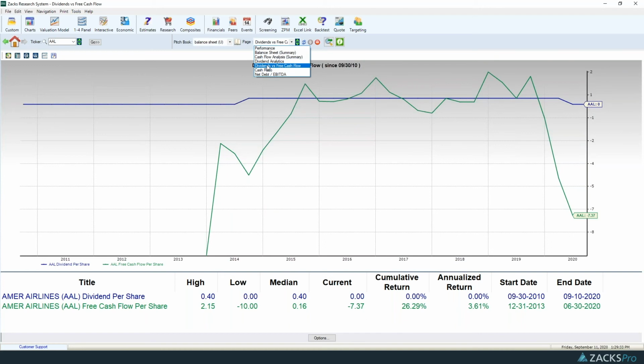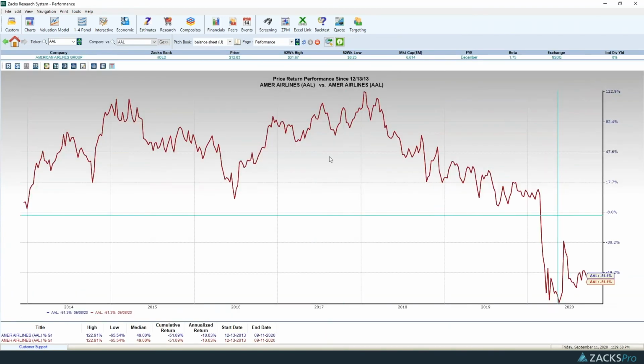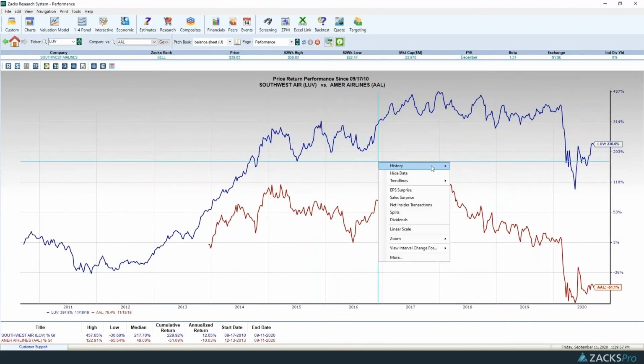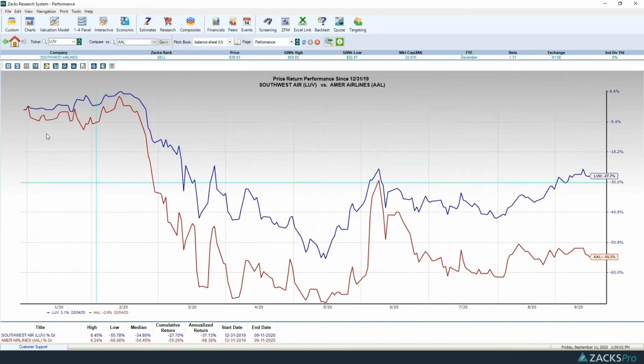So if I were someone looking at these two airlines to pick which one would be in a better financial position, then you can see that, according to basically all of these metrics, Southwest has been the better pick. And as a result, Southwest shares have significantly outperformed American Airlines, not just over a 10-year period, but even in the current environment where everybody is suffering.